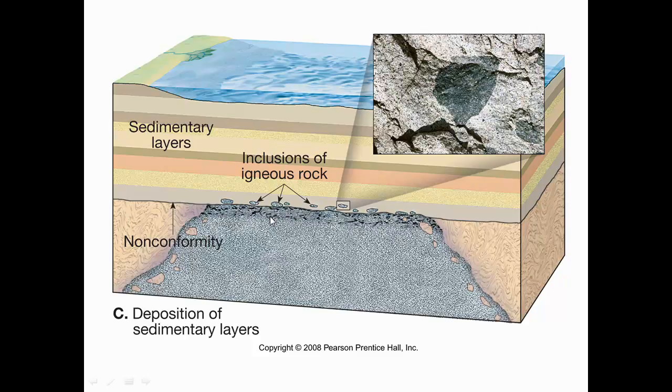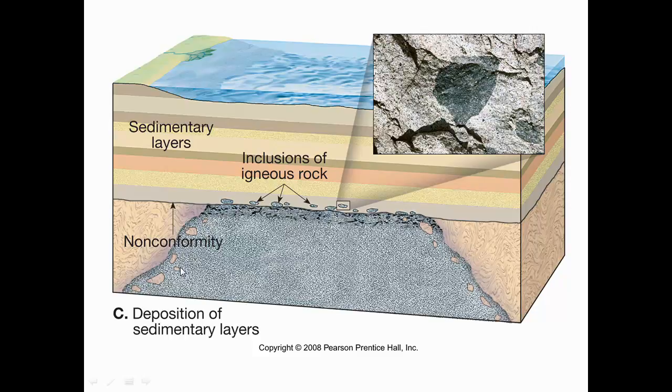The igneous intrusion has to be older than the overlying sedimentary rock, because that sedimentary rock contains inclusions of that igneous intrusion. So the igneous intrusion had to have been there to supply the inclusions to the overlying sedimentary rock.